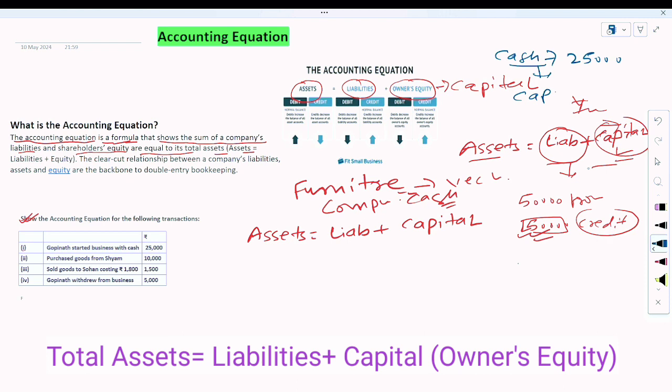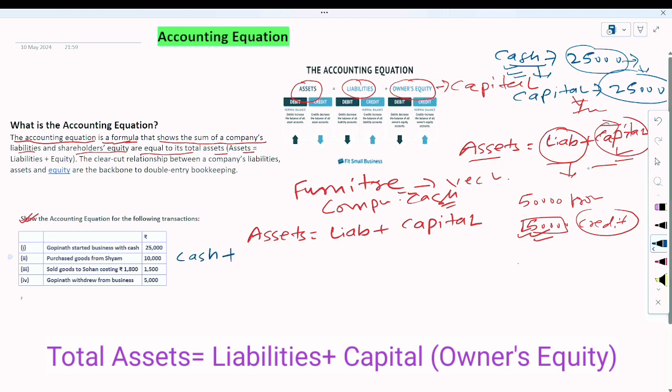This cash balance also becomes capital for the business. It means from 25,000 cash he is going to start the business. So first asset, Gopinath having cash 25,000. So we will write here cash.